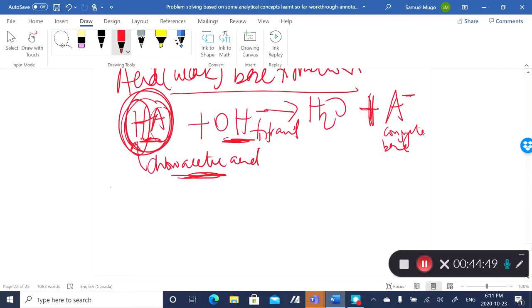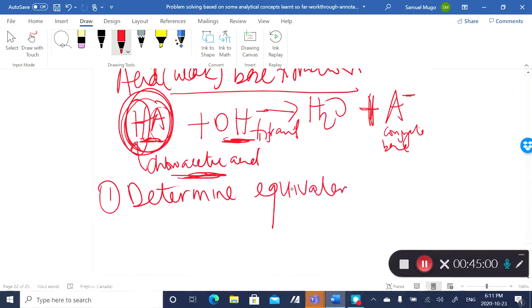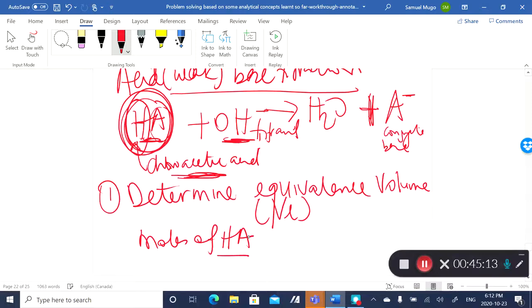So the first thing I need to do, as I did in question number 14, is determine the equivalence volume, or VE. And of course, I've beaten this to death. The equivalence volume means the moles of the acid, or the analyte, should be equal to the moles of the titrant, moles of OH minus.